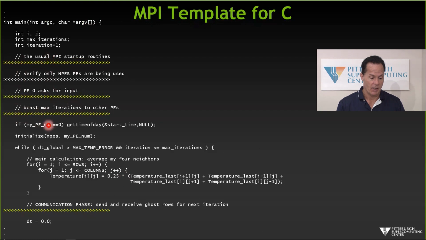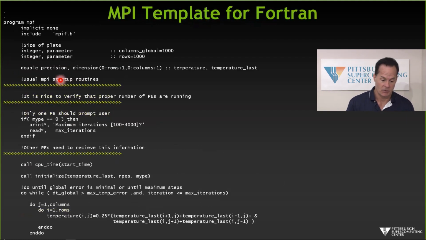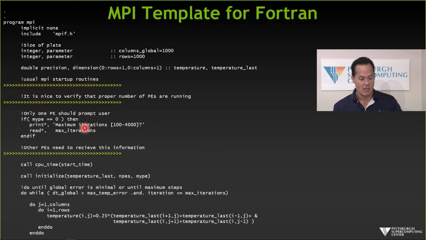So, for example, the usual MPI startup routines, right? I'm not giving away too much if I say you might want to stick MPI init in here. So this is a clue as to what you want to stick in where. It's the same with the Fortran one. So you might want to use that for guidance. Or you might want to just work on the serial code, but take a look here at what the hints are.